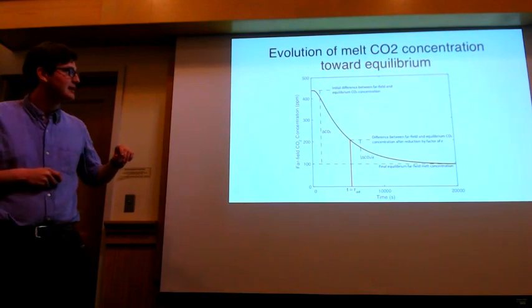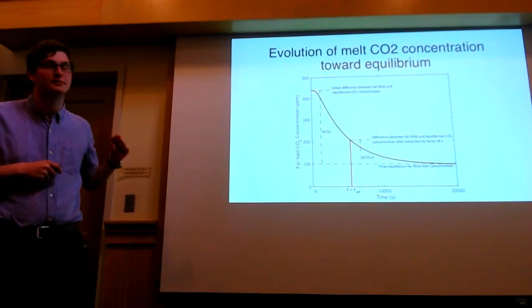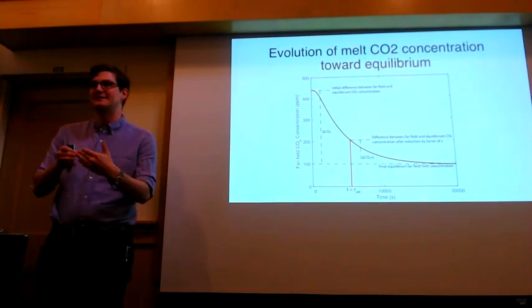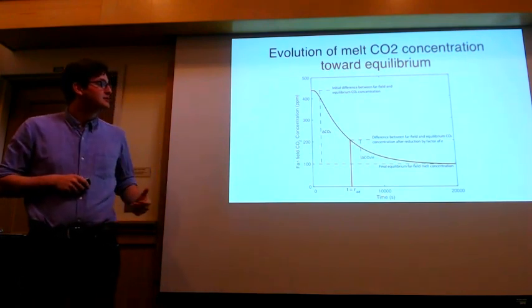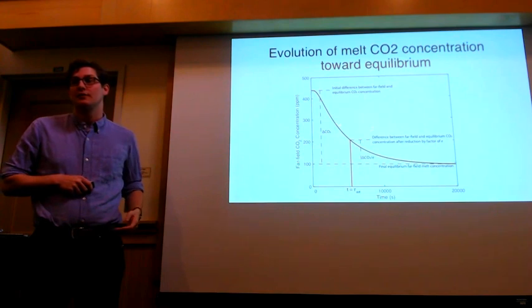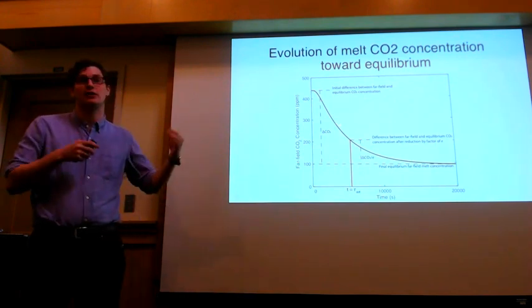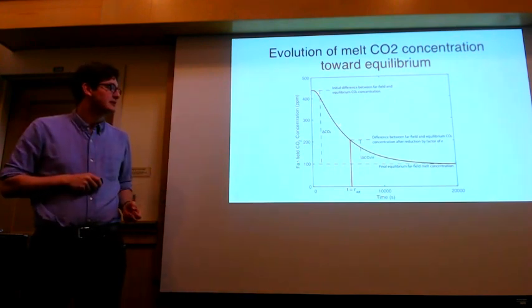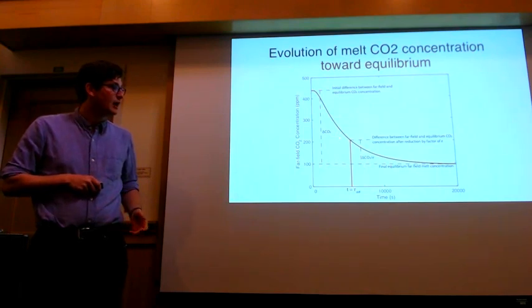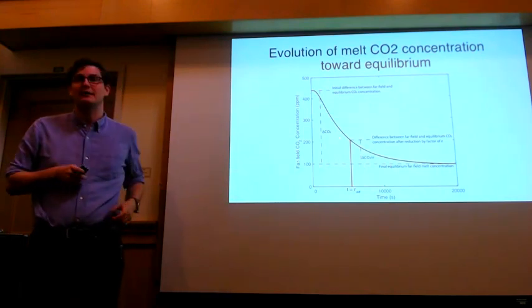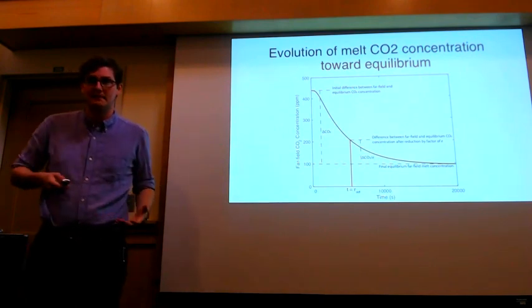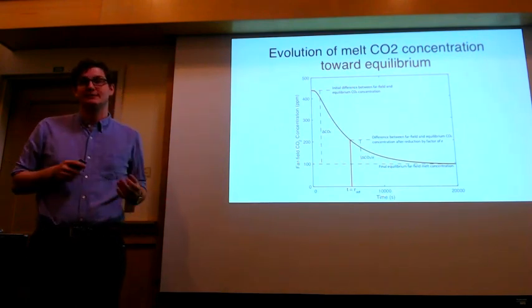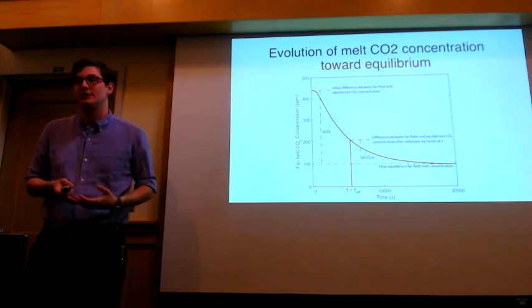So in the beginning, there's a slight flat part where you're waiting to see that signal of the decompression. Then you start to diffuse the CO2 out to the bubbles, and your concentration at that point is decreasing. And what the math-minded of you might notice is this can be approximated by an exponential decay, which is really fortunate, because then we can define our equilibration time as an e-folding time.